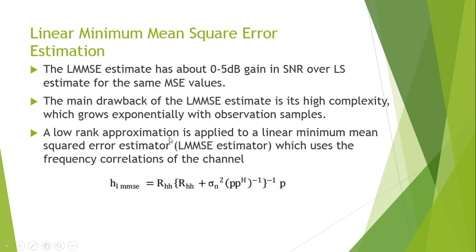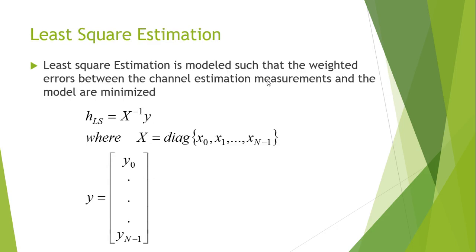The main drawback of the LMMSE estimate is its high complexity when compared to the LS algorithm, and this complexity grows exponentially with the number of observation samples. A low rank approximation is applied to the LMMSE estimator, which uses frequency correlations of the channel, and here is the mathematical model representation of the channel.